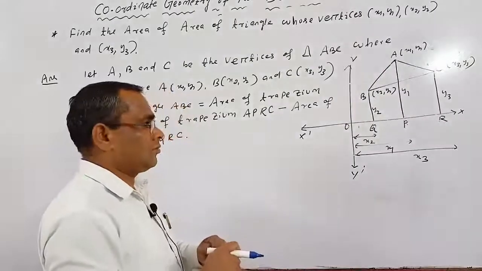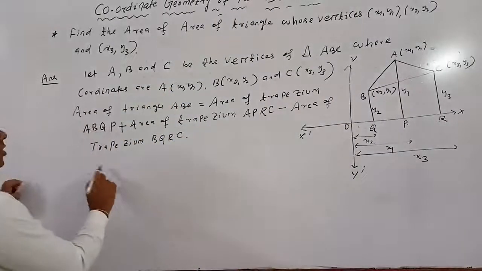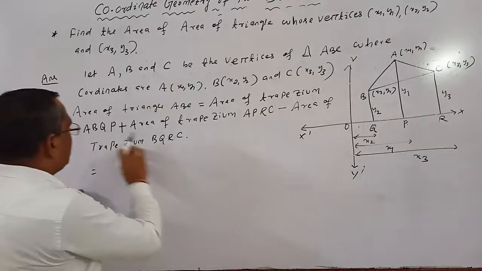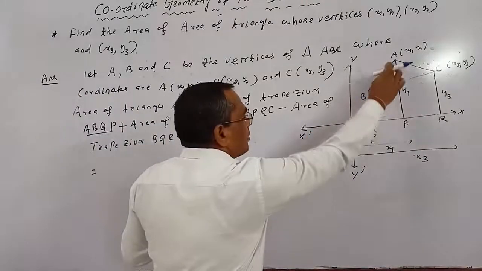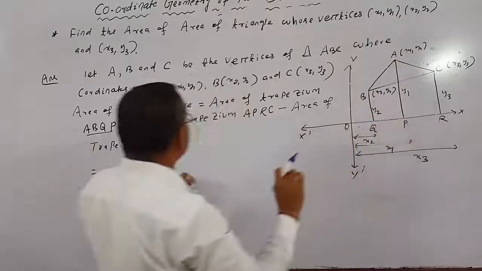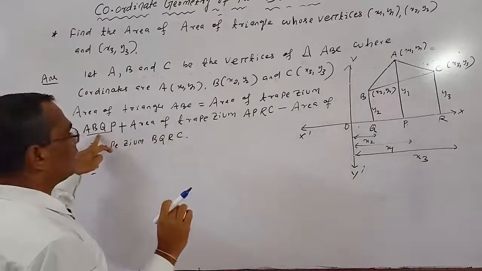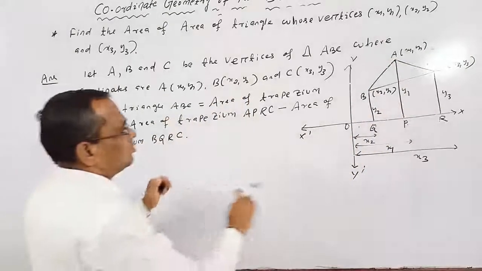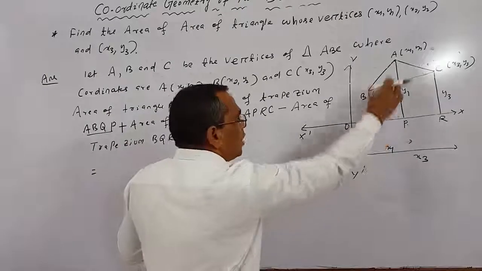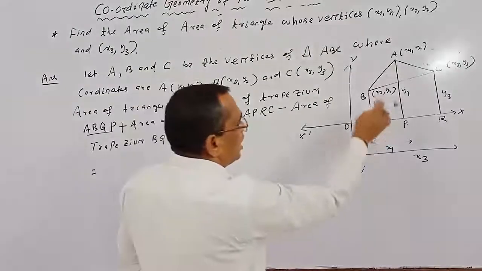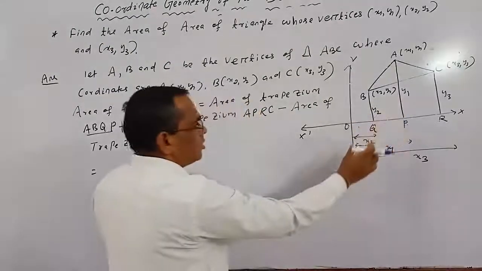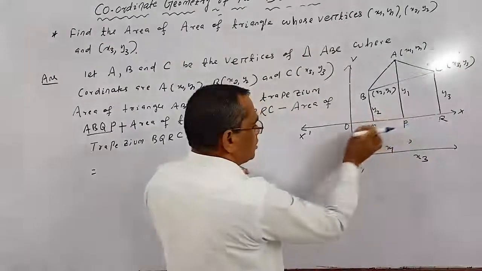Okay, which is equal to area of trapezium ABQP. So BQ and AP, these are two parallel sides. Height, its height means this height. Okay, so this one is x1 and this is x2.